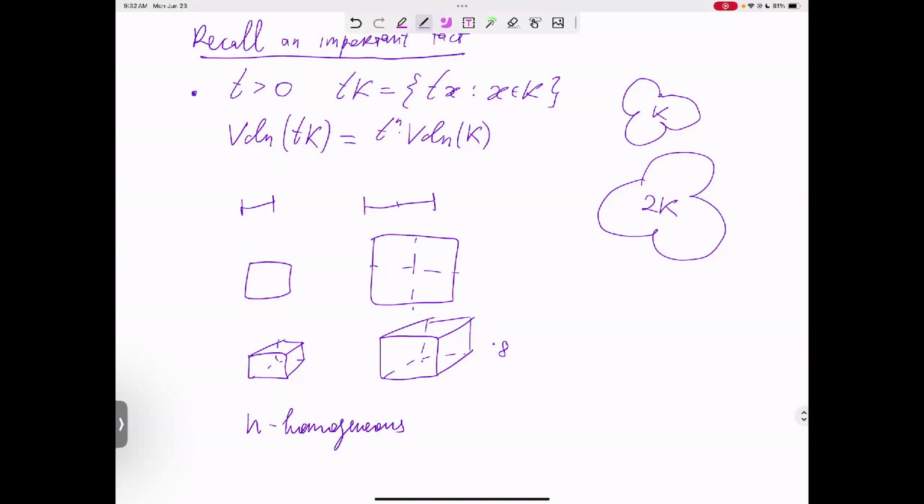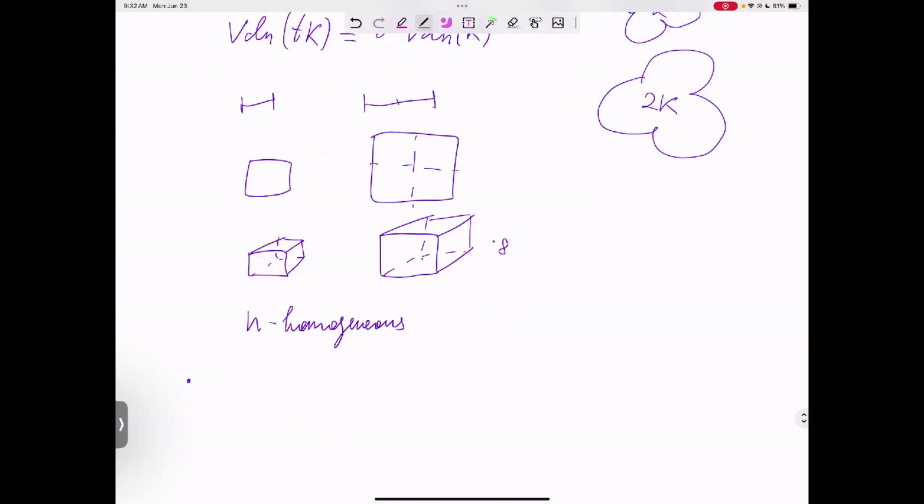Now, another important thing, what can you say about perimeter? What if I take a set tK instead of K? What can you say about the perimeter of tK? Or surface area? It will increase by t to the power n minus 1. Exactly. It will get multiplied by t to the power n minus 1, not n, because perimeter is an n minus 1 dimensional object in a way.